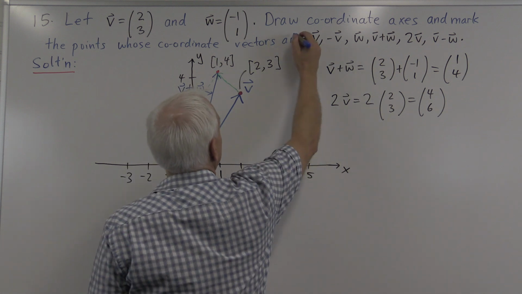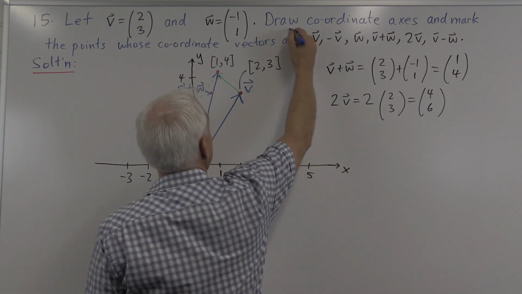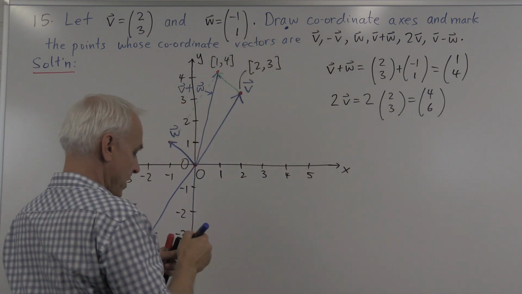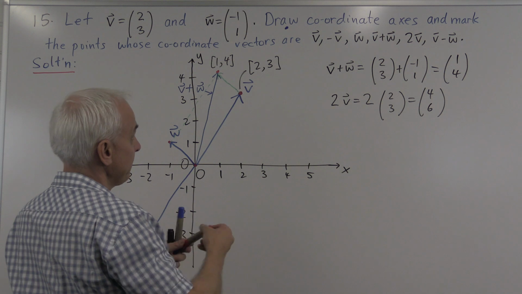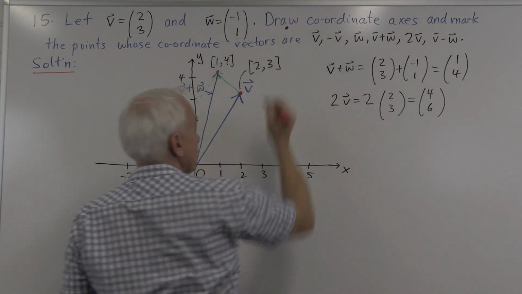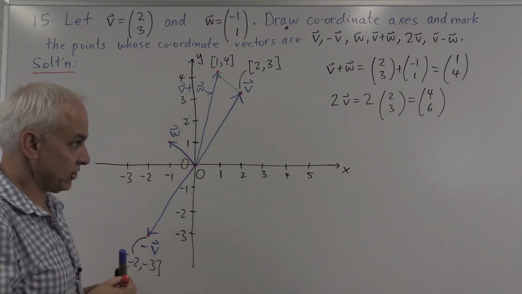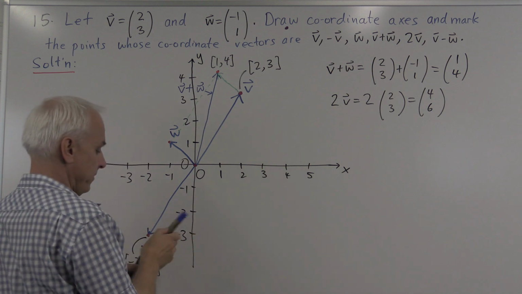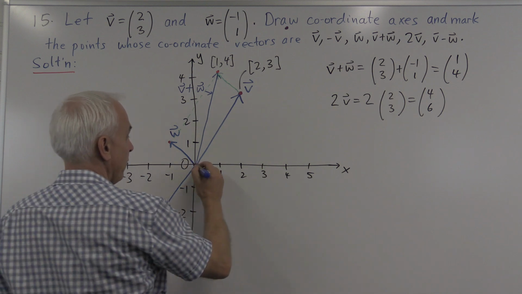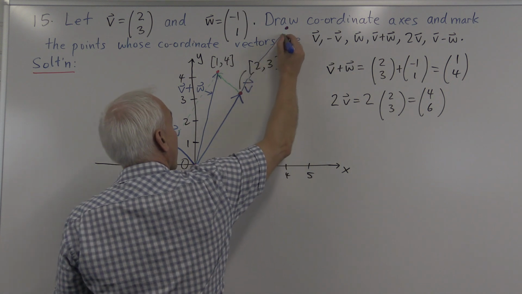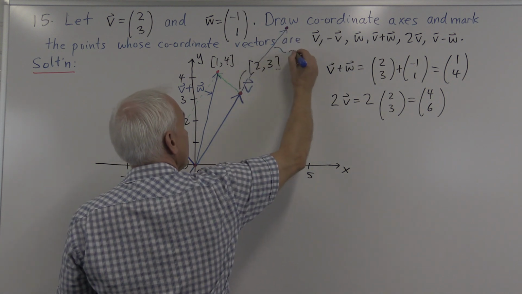So probably have to go all the way up to about there. In fact, that would be the point right there, whose coordinate vector is 2 times v. And 2 times v is this vector that goes all the way up there. Starting from here, all the way through this point, all the way up to that point there. So that's the vector 2 times v.